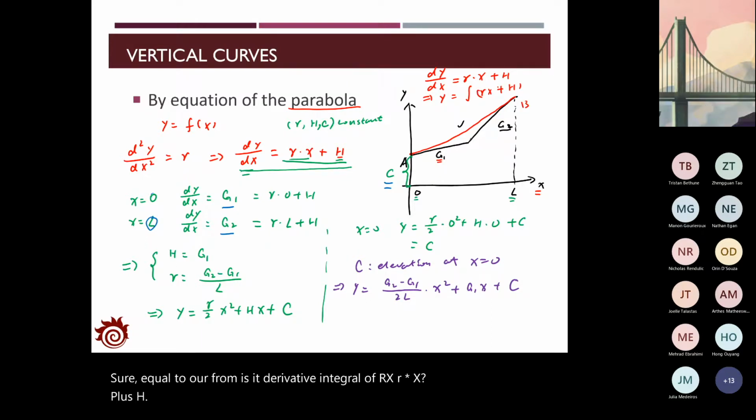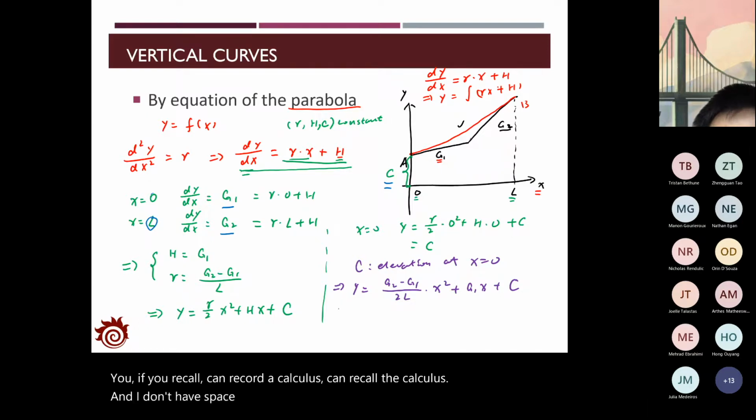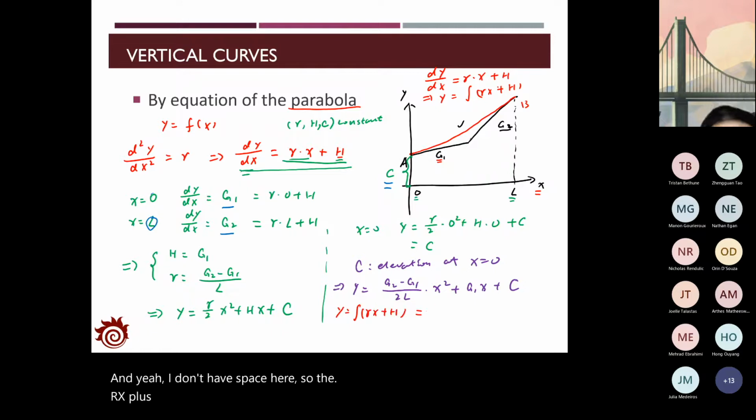If you can recall the calculus, I don't have space here, so rx plus h. If you recall the calculus, the integral of rx, the integral of h, plus a constant.